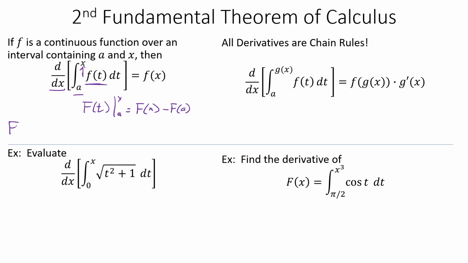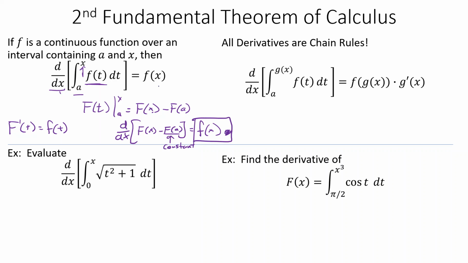And we want to remember here that the derivative of capital F of t is lowercase f. Now if we take the derivative, we get x instead of t. The derivative of capital F of x is going to be lowercase f of x. And the derivative of capital F of a is a constant, so this is just minus 0, so we don't have to put it. As you can see, we do get the function that's inside, with x plugged in as our new variable.